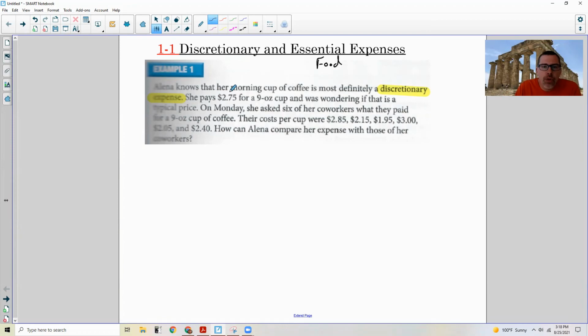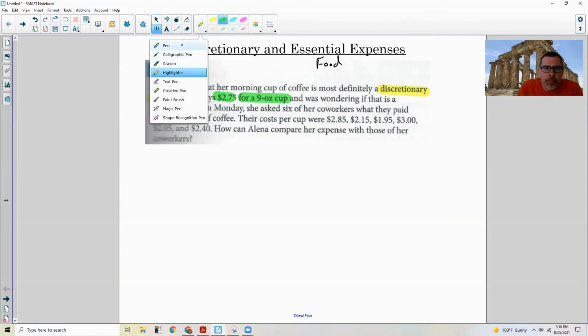She pays $2.75 for a 9-ounce cup of coffee. So I like to highlight the important components. Okay, so she's paying $2.75 for a 9-ounce cup. And she was wondering if that is a typical price. So on Monday, she asked 6 of her coworkers. So there's another key component.